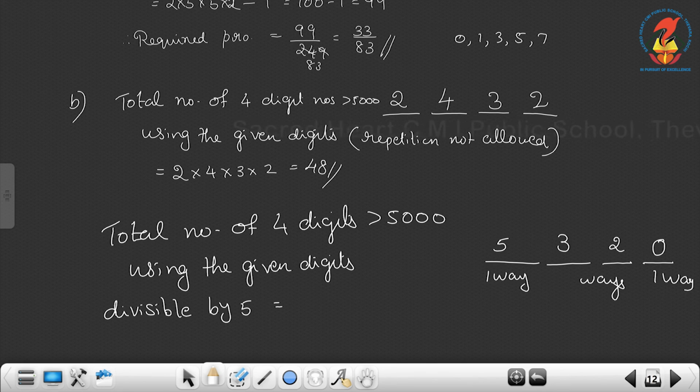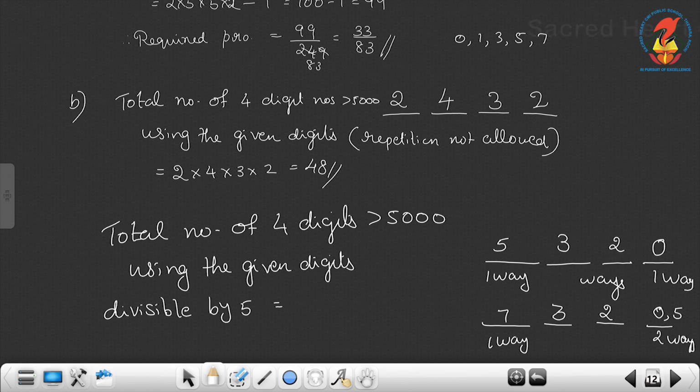Now what about 7 in the first place? If 7 is in the first place, that is one way. The last place I can use either 0 or 5, so 2 ways. But here only one digit, so 1 digit here, 1 digit here, remaining 3 digits and 2 digits.